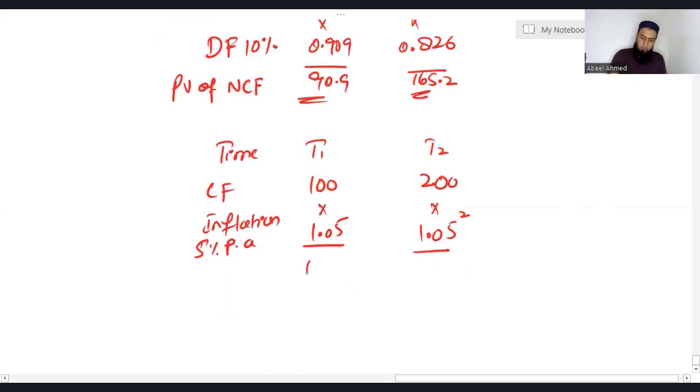So it becomes 105, and 200 into 1.05 power 2, I'm getting 220.5. Obviously, after incorporating inflation into the cash flows, now you have nominal cash flows.